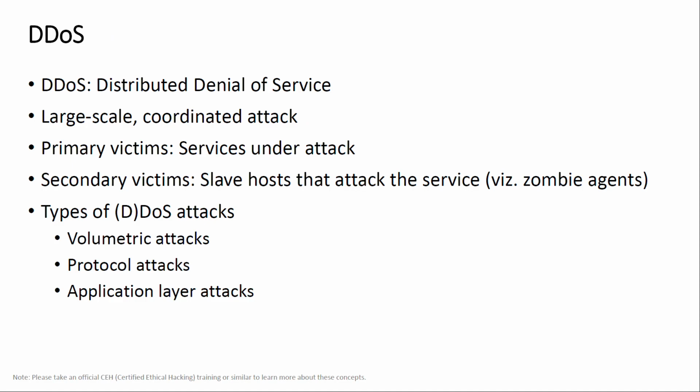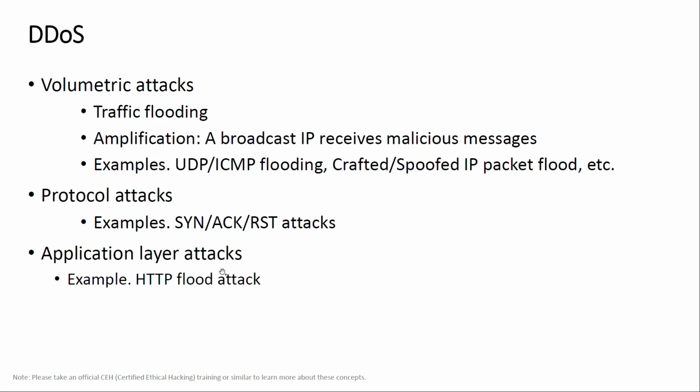Distributed denial of service attacks are large-scale coordinated attacks, and your primary victims are services under attack. Secondary victims are slave hosts that attack the service. Most of the time you have zombie agents that you command to perform the denial of service attacks. There are sometimes volumetric attacks, protocol attacks, and application layer attacks.